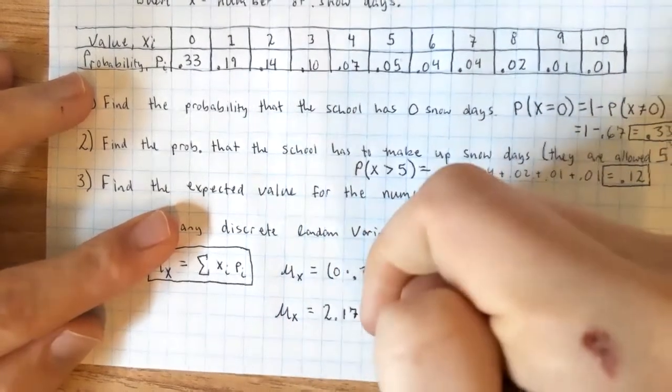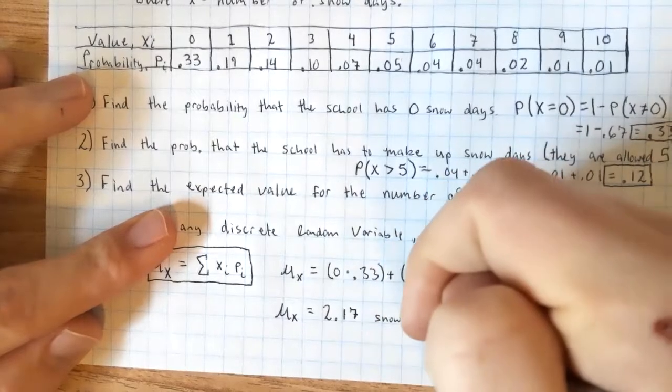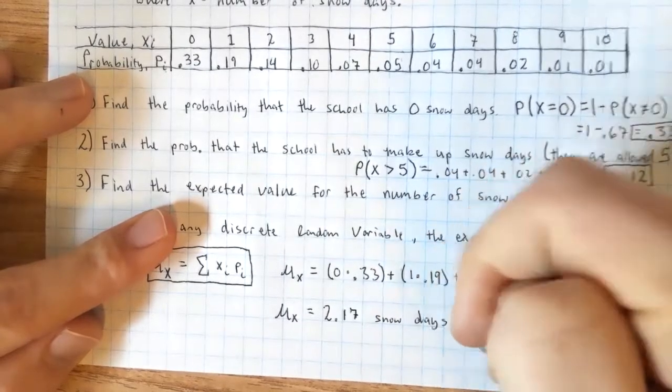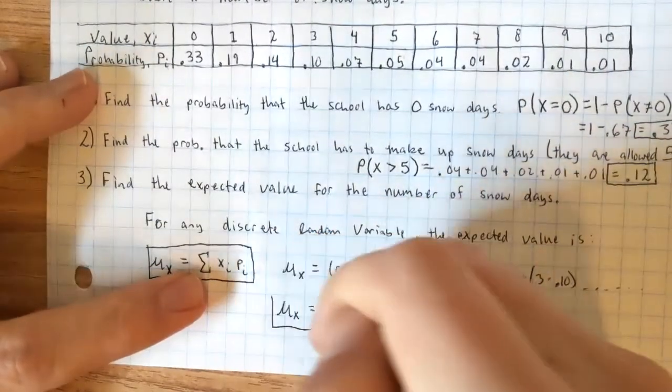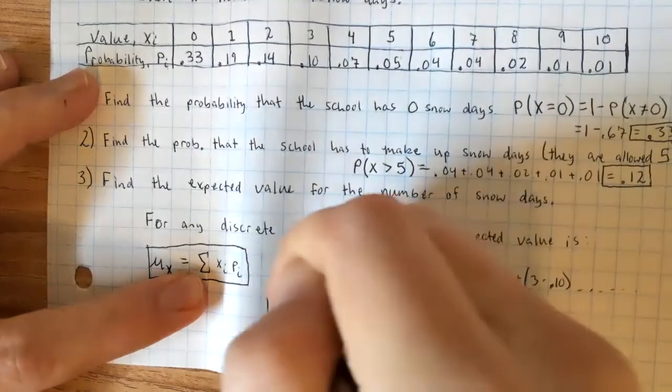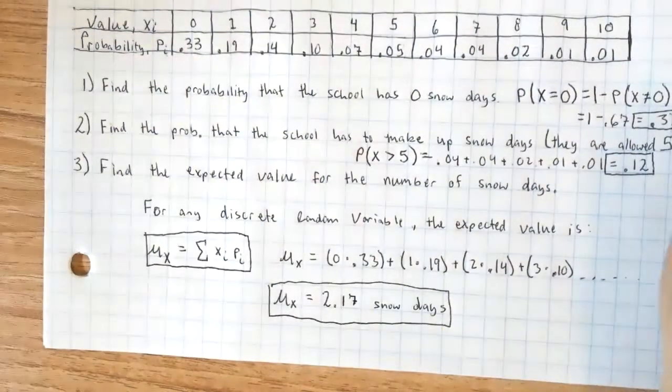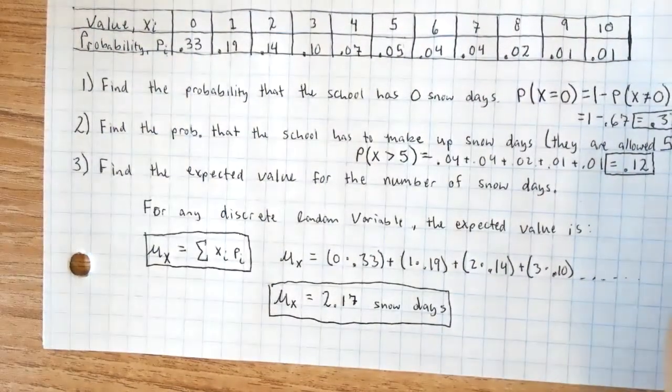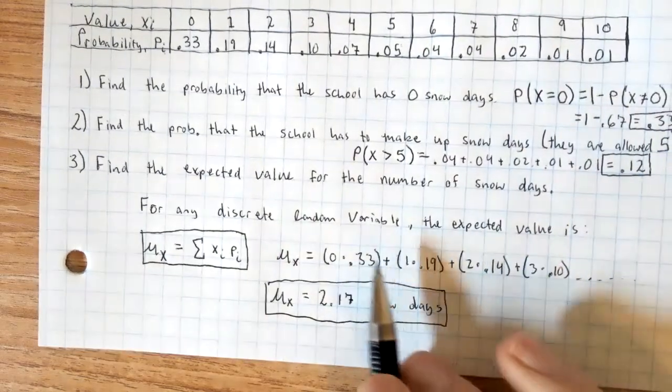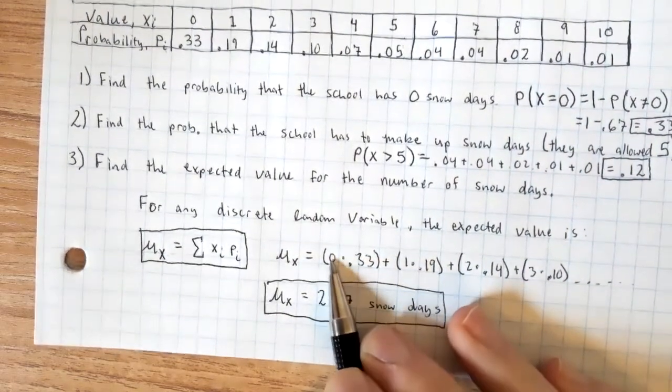So 2.17 is the expected number of snow days we would have in any given school year. And that's it. To get the expected value or the mean of a discrete random variable, just multiply each value by its associated probability.